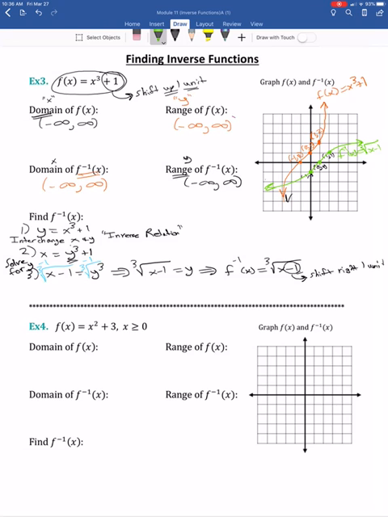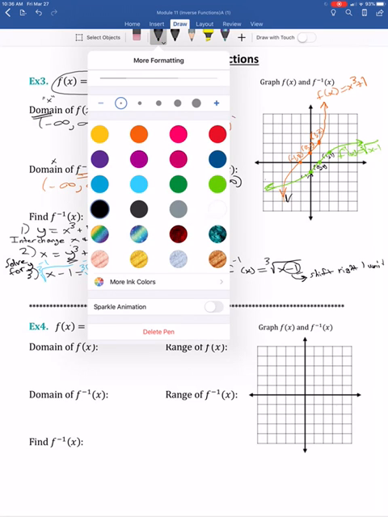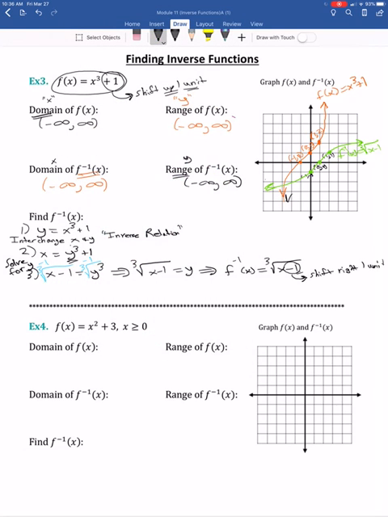Now, if you remember, we talked about symmetry with inverse functions. So a good little check step: let's look at our symmetry line. Our symmetry line of all graphs of inverse functions is the line y equal to x. So let's go ahead and graph in y equal x.